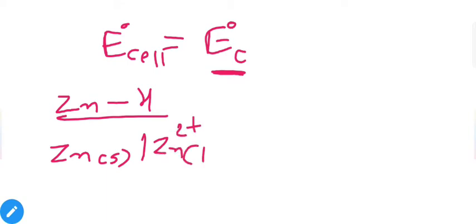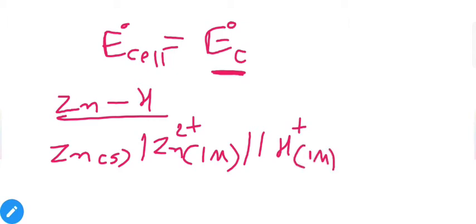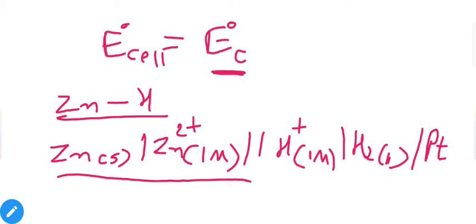We have Zn2+ solution in 1 molar concentration attached with acidic solution with 1 molar concentration in contact with hydrogen gas at 1 bar pressure, attached with a solid platinum electrode. Zinc is more reactive, so obviously it will be the anode, and hydrogen is less reactive, so it will be the cathode. That means zinc gives the oxidation reaction, hydrogen gives the reduction reaction.